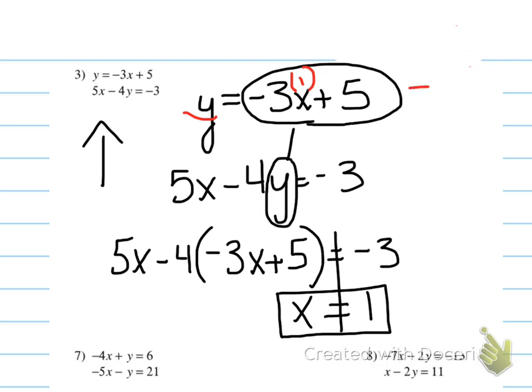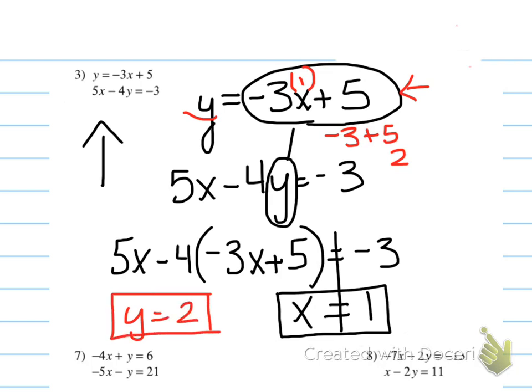Well, evaluate this bubble that you made. Negative 3 times 1 is negative 3. I'll write it right here. Negative 3 plus 5 is 2. And so we find that the y value is equal to 2. So we do another substitution step.